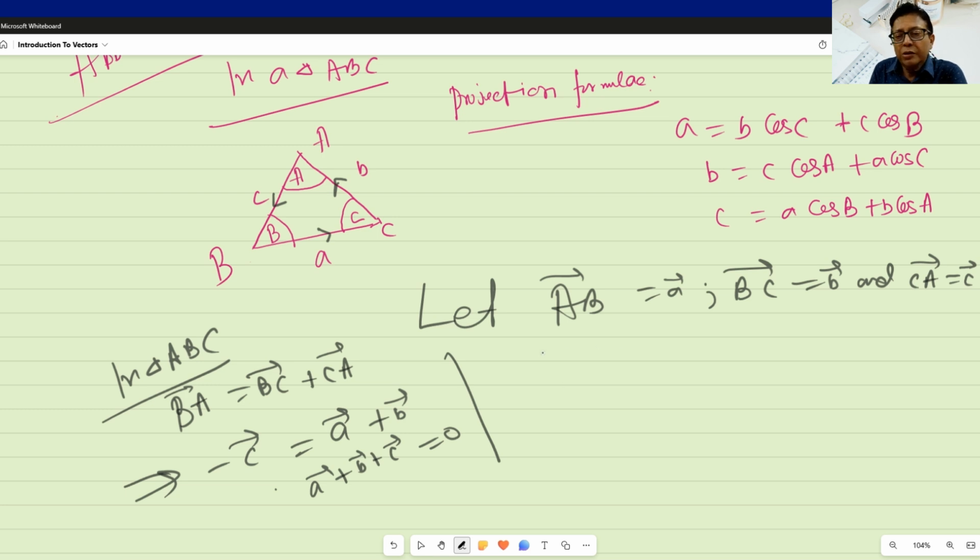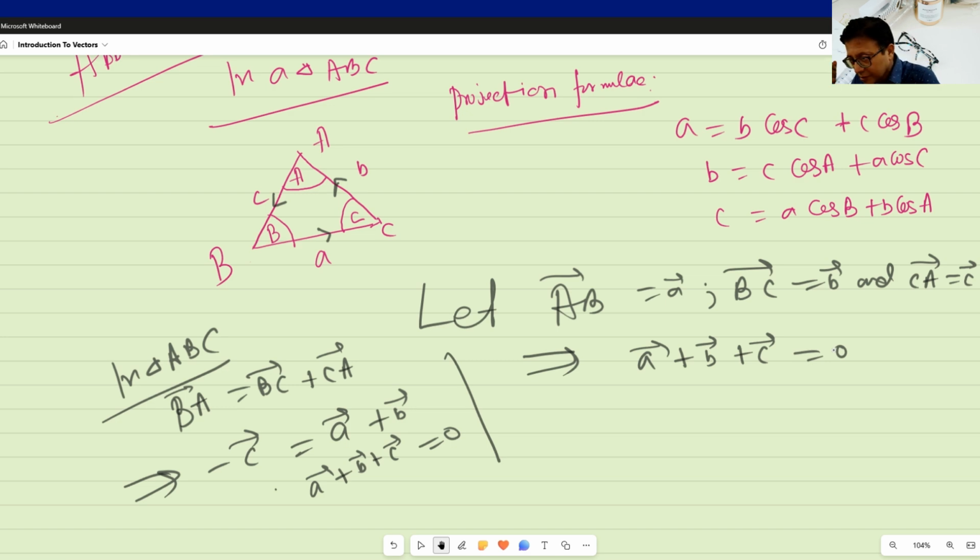So this implies a plus b plus c has to be 0. 0 means zero vector. Okay? So this implies a equals minus b minus c.